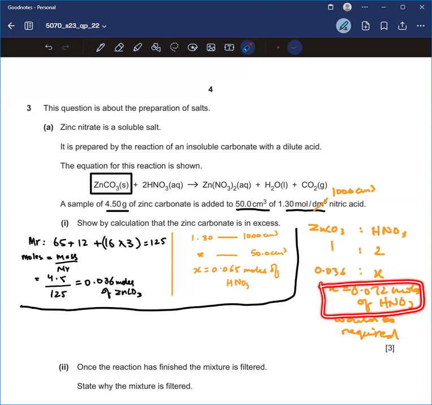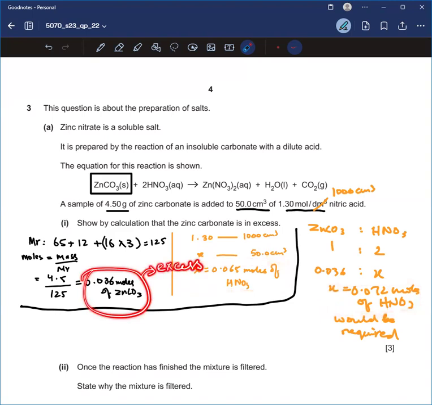But according to the data given and after calculating the moles, we only have 0.065 moles, which means that nitric acid is the limiting reactant and zinc carbonate is in excess. Hence proved, we have shown it by our calculation that the zinc carbonate is in excess.